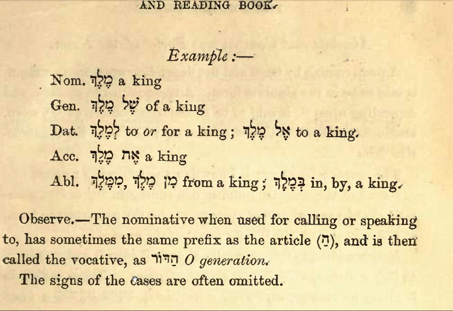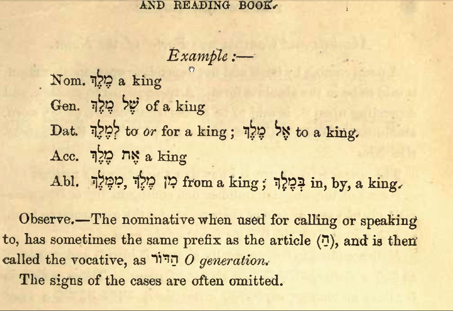Notice here that this nun disappears and this mem is doubled because we're replacing the missing nun. So min melech becomes mim melech, from a king. Be melech, in a king or by a king.